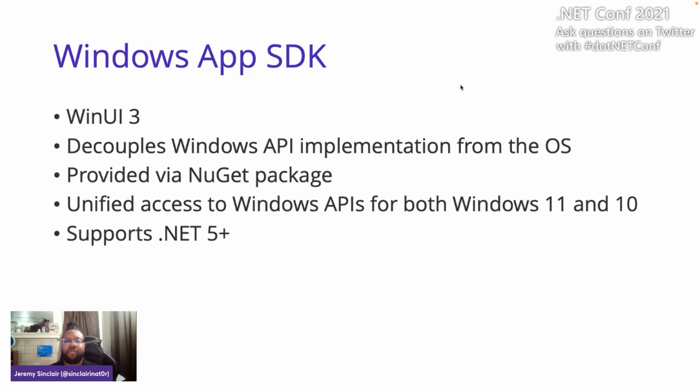And you get unified access to APIs with Windows 11 and Windows 10 because, if I believe so, it goes down to Windows 10 1809. So I can build and target this, and it can run on Windows 10. And the best part is it supports .NET 5 and beyond.